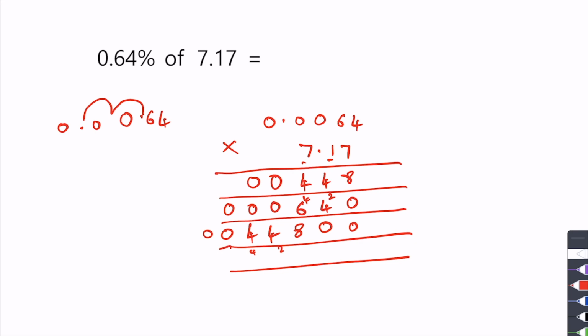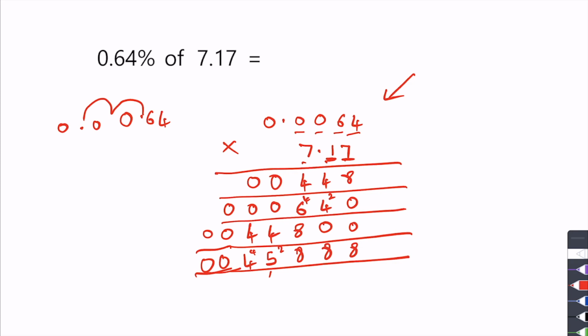So let's just extend those lines. Add all our numbers up now in the columns. 4 plus 4 is 8. Here we've got 18. 4 plus 1 is 5. We've got 4 there, 0, 0. Now if we have a look at our question again, we have 1, 2, 3, 4, 5, 6 numbers after the decimal points.